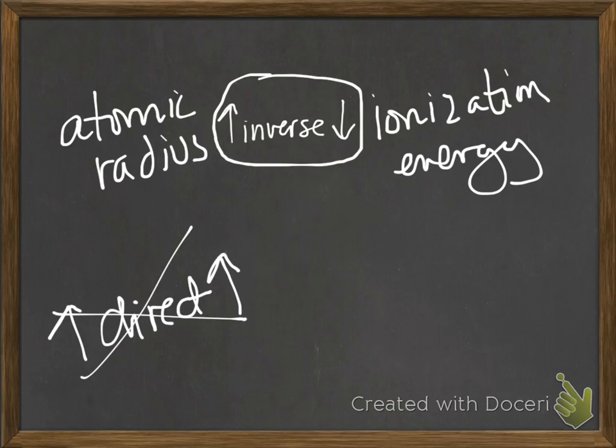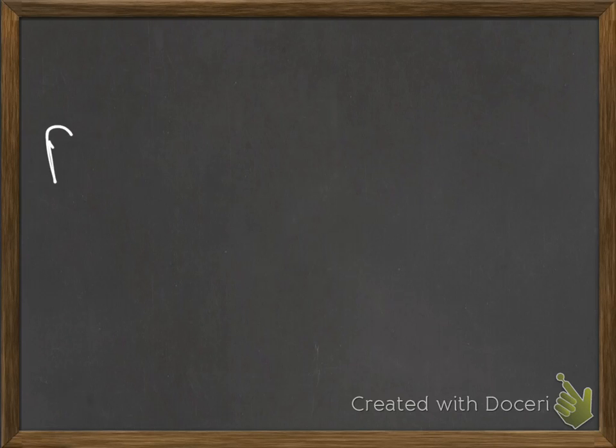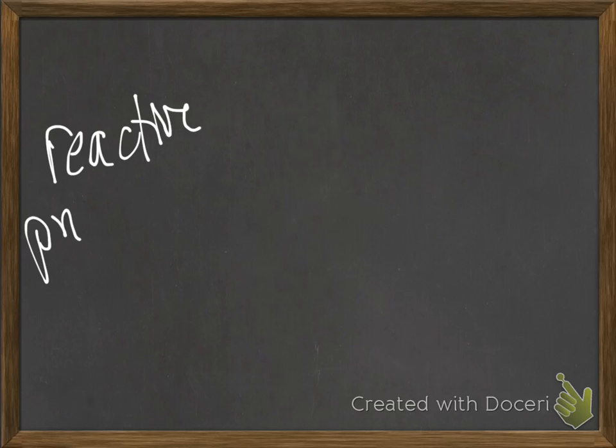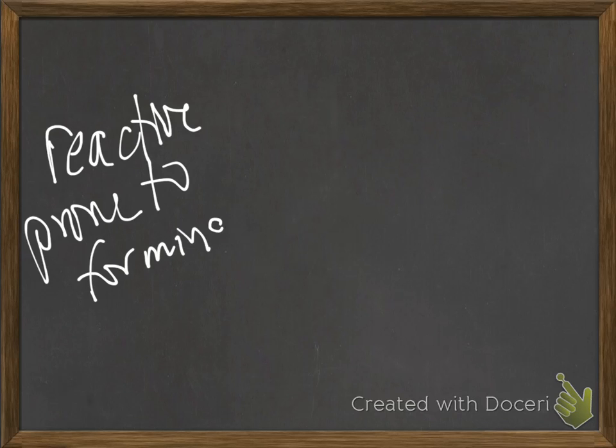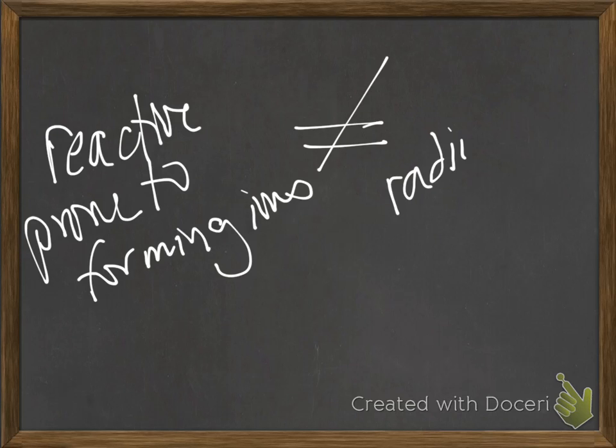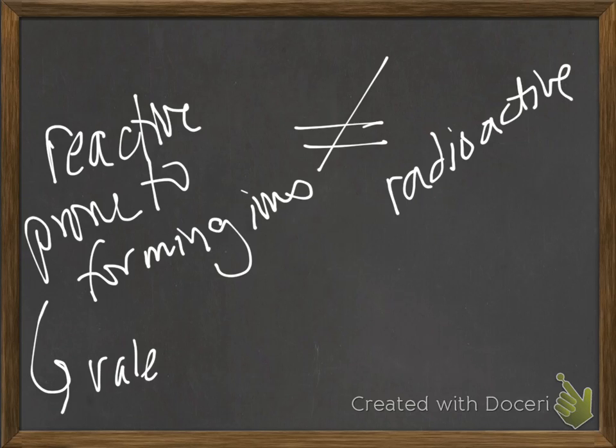Now the thing that I want to make clear here is one important difference. Reactive, prone to forming ions, these two things do not equal radioactive. Okay? This is a really important distinction. So these things all have to do with the behavior of valence electrons.